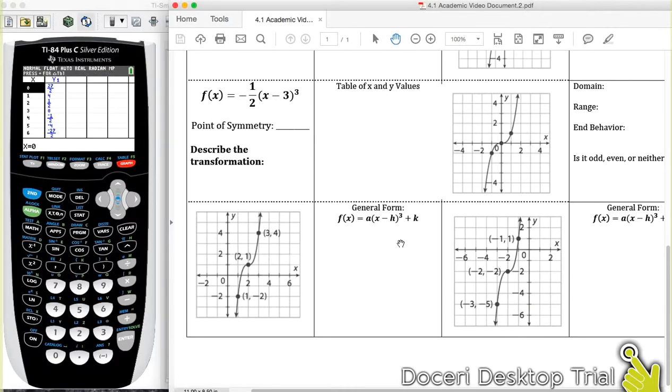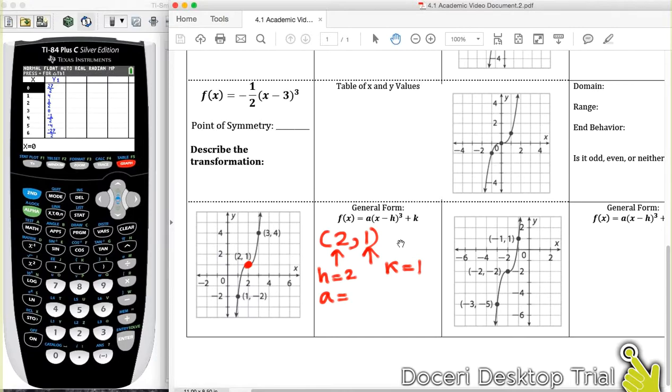So the point of symmetry is where the curving is occurring. In this case, (2, 1) is my point of symmetry. And like we talked before, my h is 2, and my k is going to be 1.